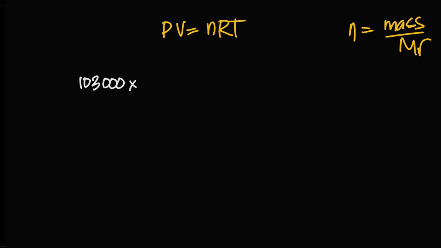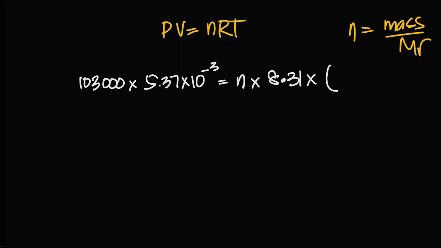Volume was 5.37 times 10 power minus 3. Number of moles into 8.31 into temperature would be not 60 degrees but 273 plus 60. You got to convert that into the Kelvin scale. And having done that, you start solving this.